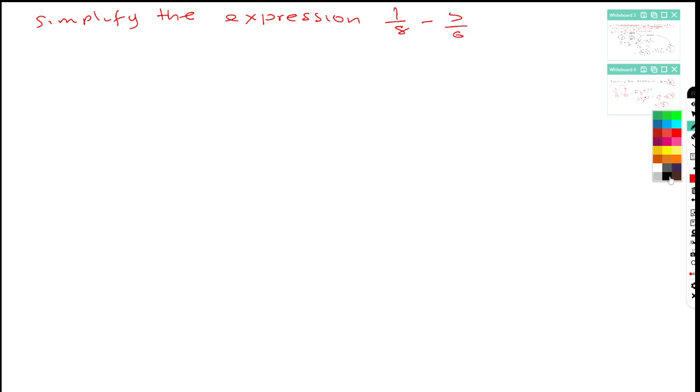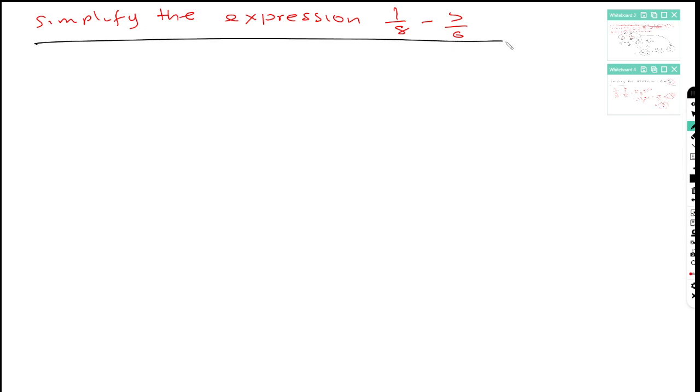The other one will be: simplify the expression 1/8 minus 5/6. Pause the video if you want to attempt it before I show you my solution.